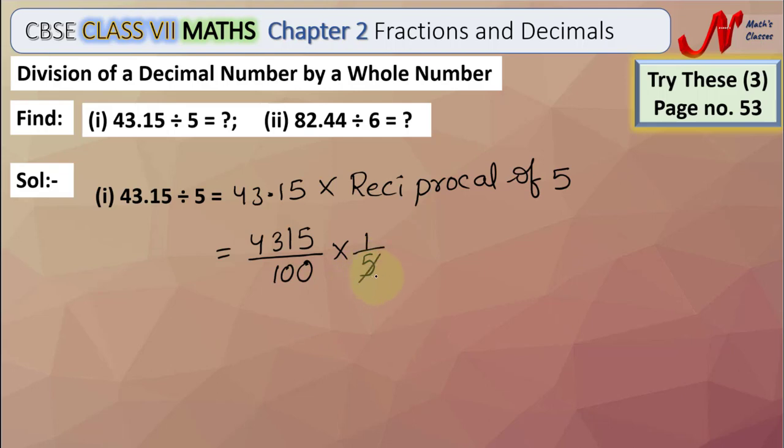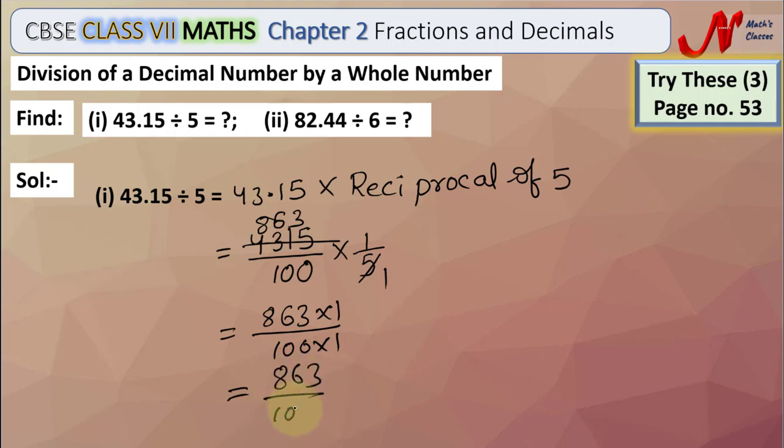Now we can cancel: 5 ones are 5, 5 eights are 40, 5 sixes are 30, 5 threes are 15. So we can write it as 863 into 1 by 100 into 1, which can be written as 863 by 100.